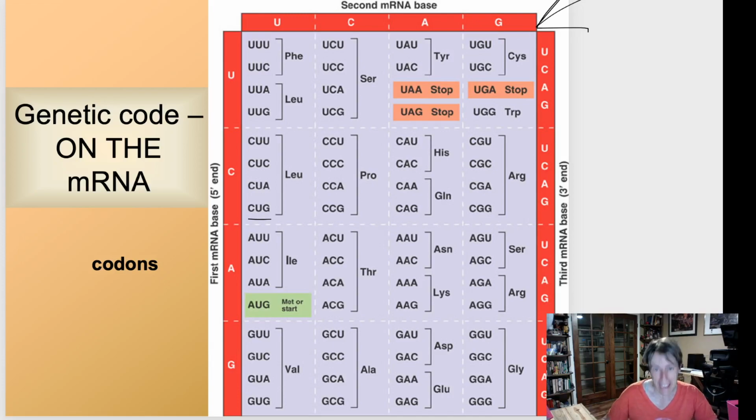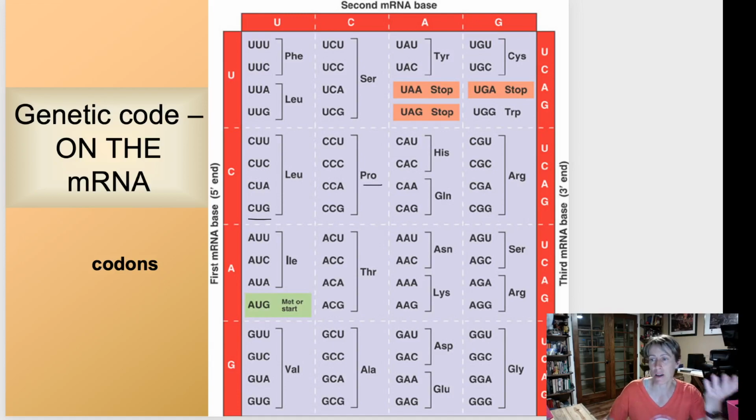Anyway, the next thing just to notice is that the genetic code is what we call degenerate. And that means that there are multiple words that mean the same thing. So if we look at this amino acid here, proline, all these codons, CCU, CCC, CCA, CCG, they all tell the ribosome to incorporate the amino acid proline.